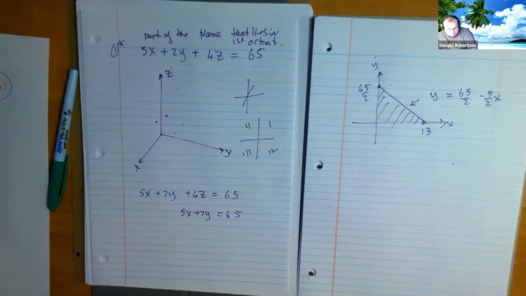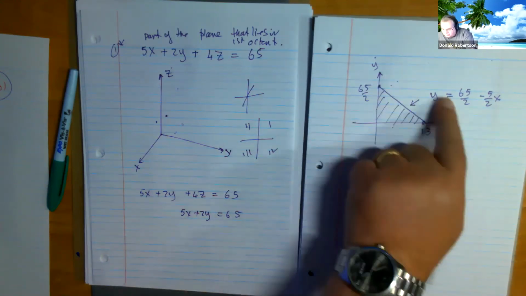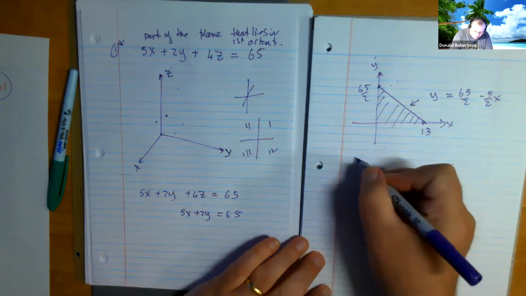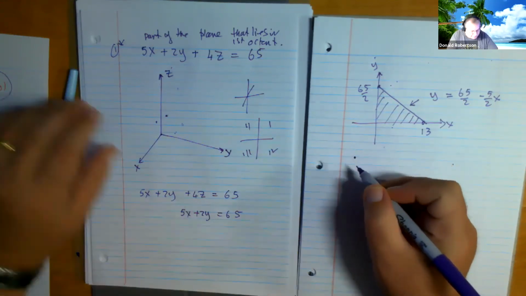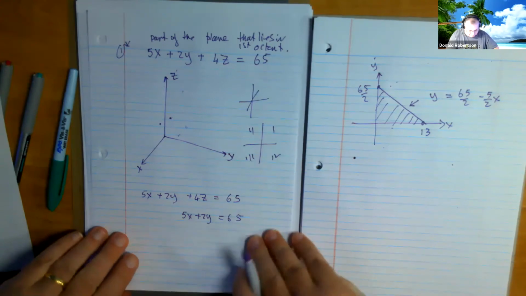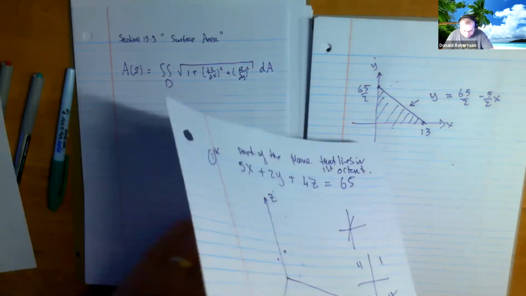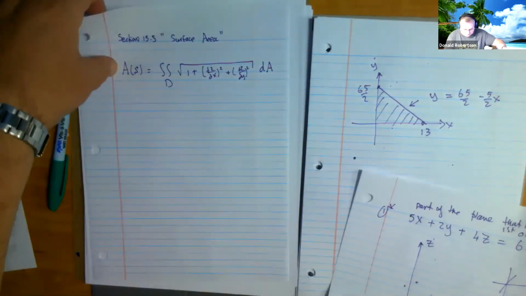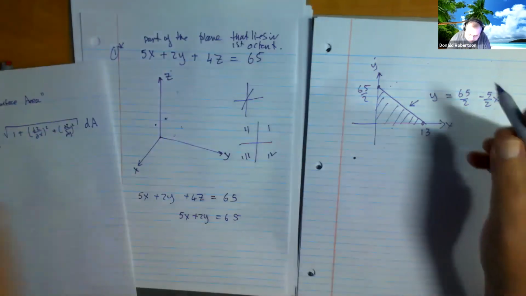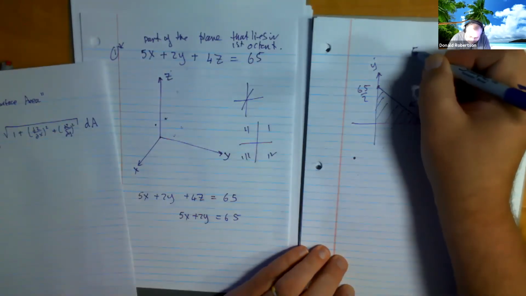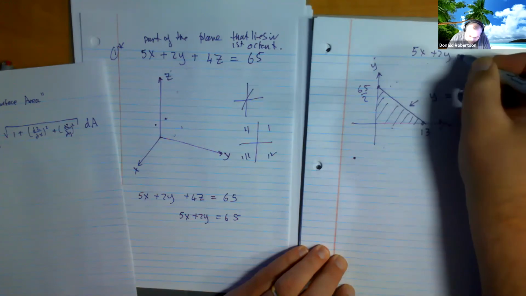So this question, the hard part was getting the D. I now have the region D. So I want to find the surface area. And while I'm at it, I'll write the other guy up here so I won't forget him.